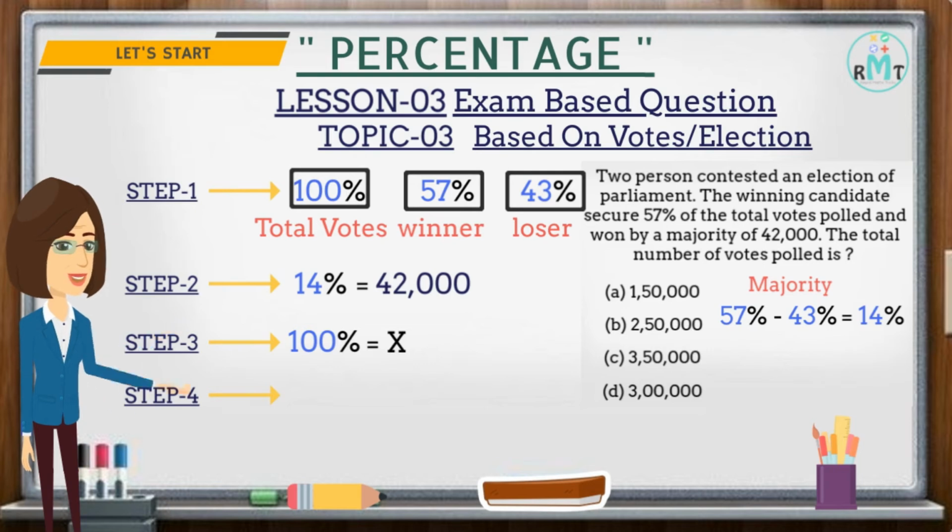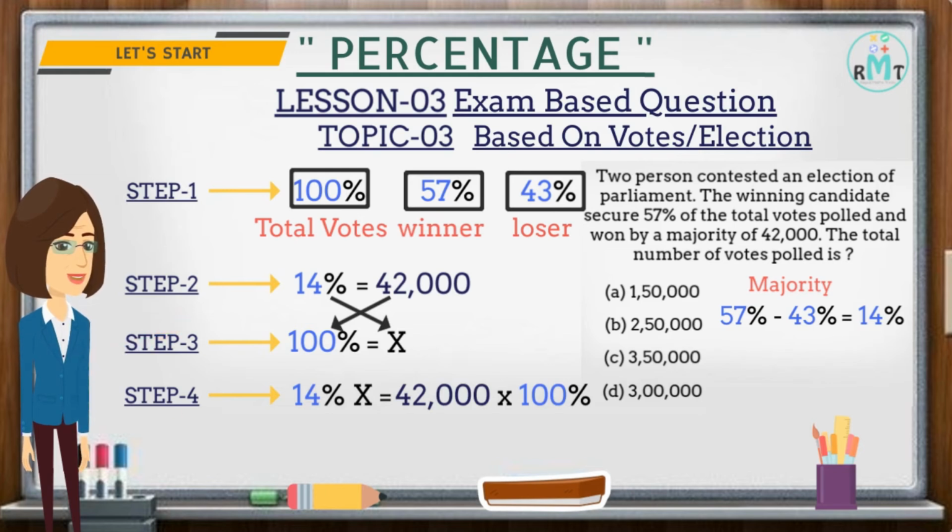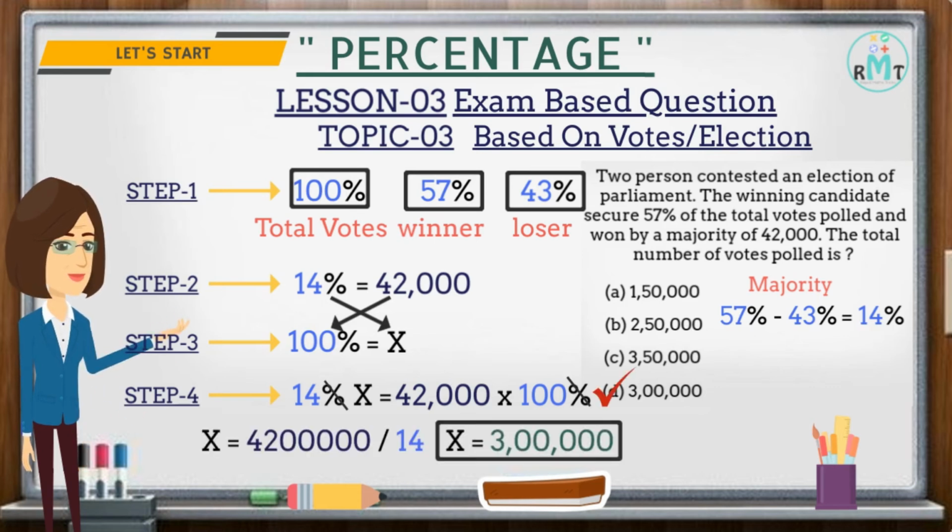Now we will cross multiply the values of step 2 and step 3. So we get 14% of X equal to 42,000 of 100%. Now, after further solving the above equation, we get 3 lakh as the final answer.